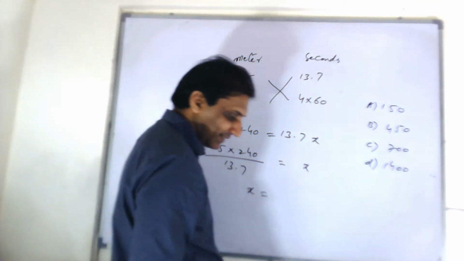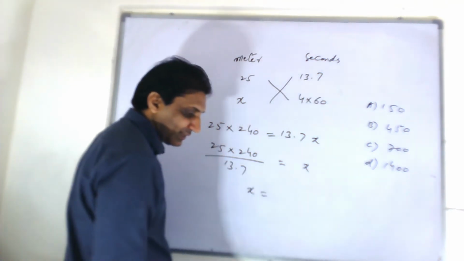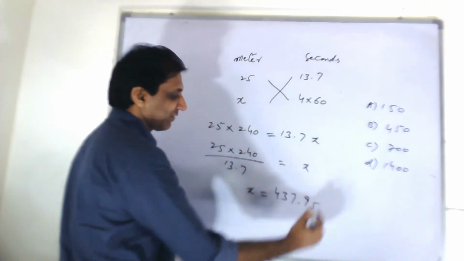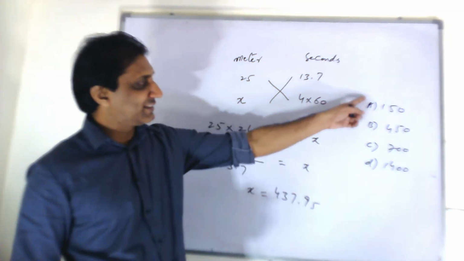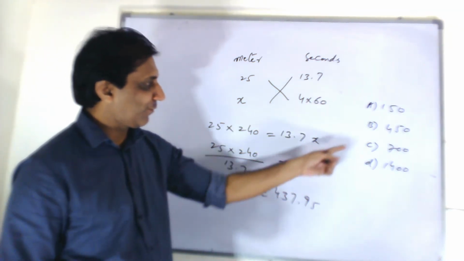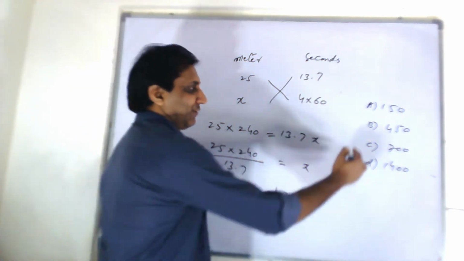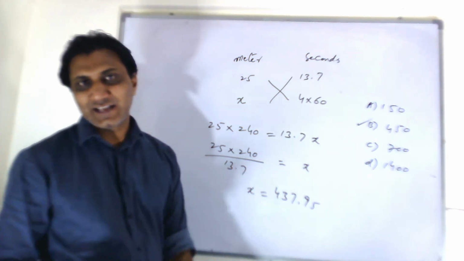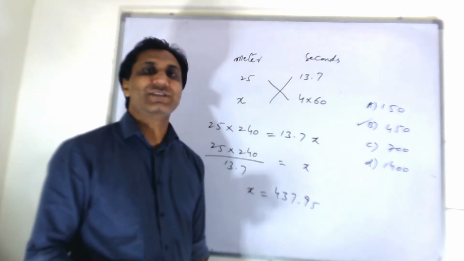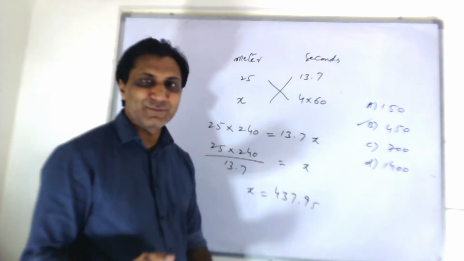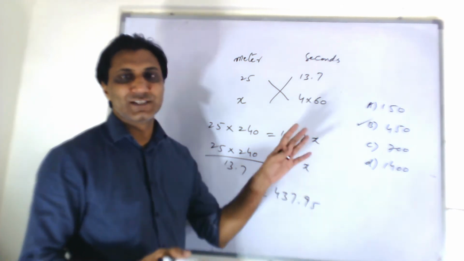When I solved it, I got 437.95. So which one is this closest to? 150? No. 700? No. 1400? No. So only 450. Okay. So the question itself says closest, approximation, nearest. So in this type of questions, you go to the closest answer.